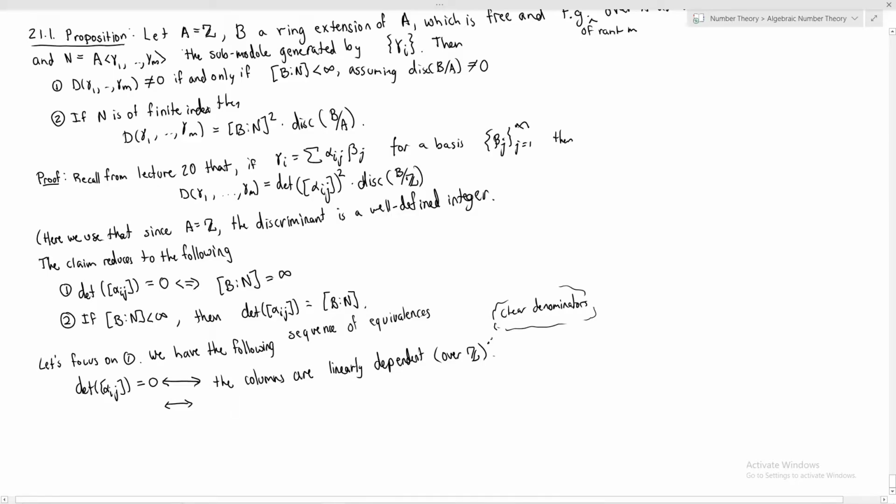Okay. So once I know the columns are linearly dependent, then I know essentially that, I guess okay, so what does this tell me?